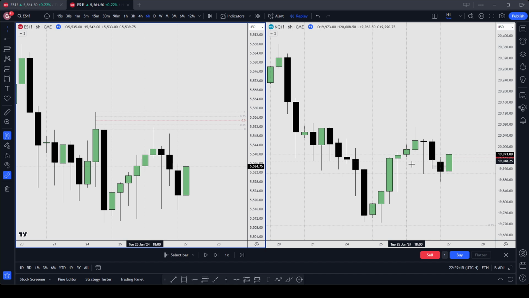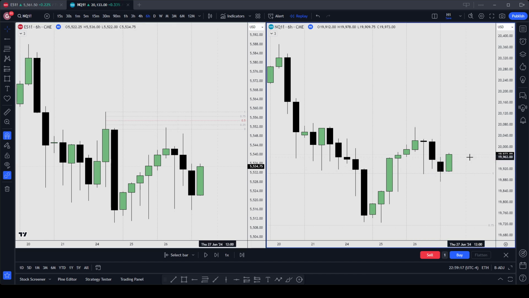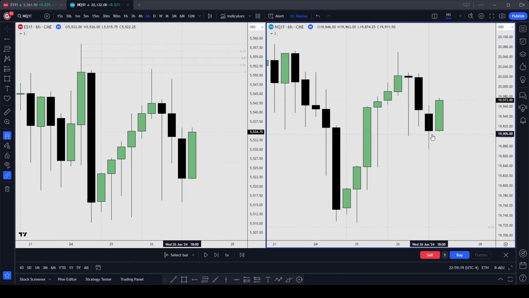Okay, I'm going to remove this. And also at the same time, Asia has traded back into this weekly fair value gap. This is the weekly fair value gap's high. Okay, so let's move on to the next candle.